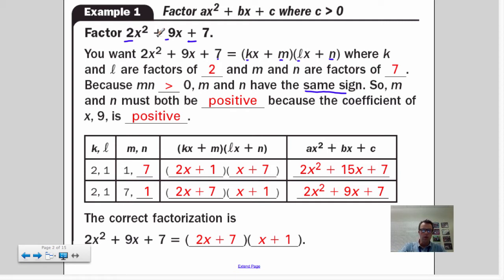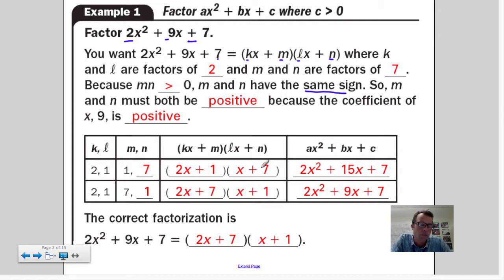So they generate this nice table, which I don't expect you to do, but you definitely need to sort out all the possibilities. So 2 has 2 factors, 1 and 2, and 7 has 2 factors, 1 and 7. So you're either doing a combination of 2x plus 1, x plus 7, or you're doing 2x plus 7, x plus 1. And here I urge you, you have to try different combinations.